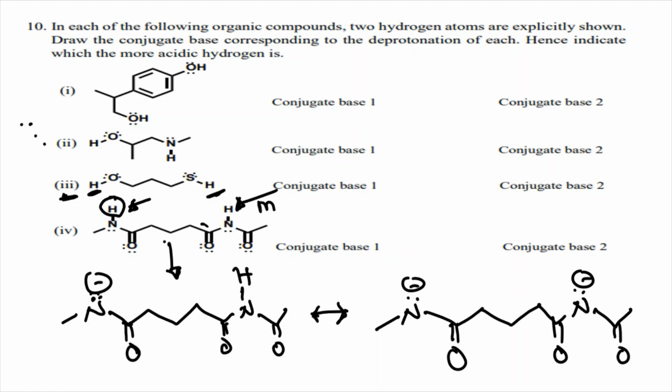So the one that is more acidic is this one here. Why? Because they're both attached to nitrogen. So what makes this hydrogen more acidic than the other one? It is because this nitrogen is attached to 2 carbons that are both double bonded to the oxygen, while this one is only attached to 1 carbon that is double bonded to oxygen. So there is a richer electron pool attached to this nitrogen than this one here. That's why.